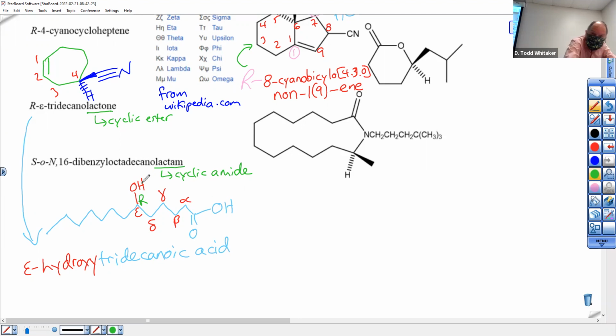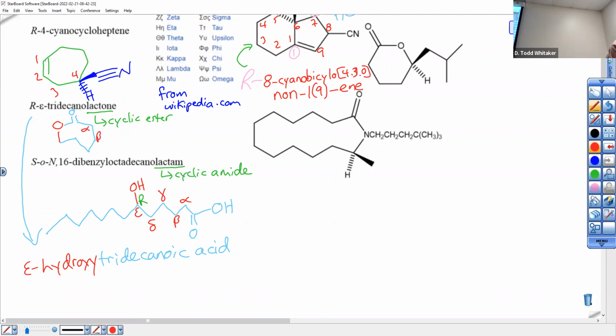The H will be gone from this. So let's do this. We got the O, and then the carbonyl, and then alpha, beta, gamma, delta, epsilon. Just reminding you.